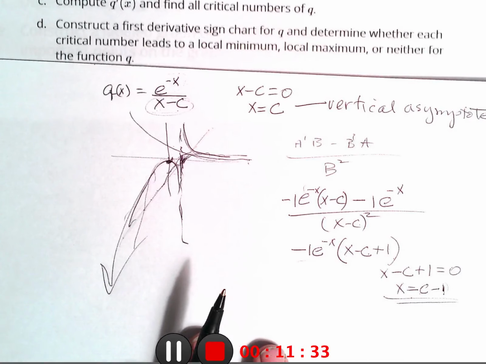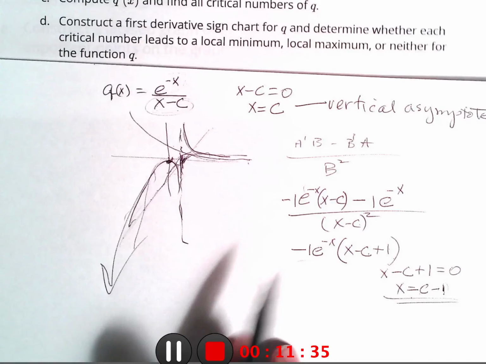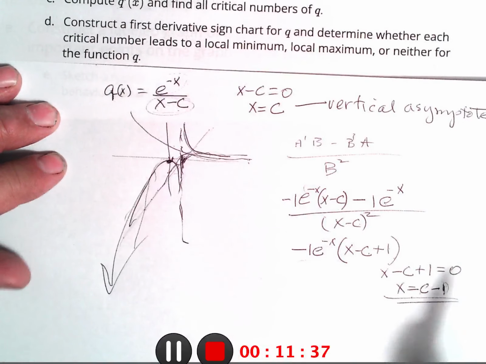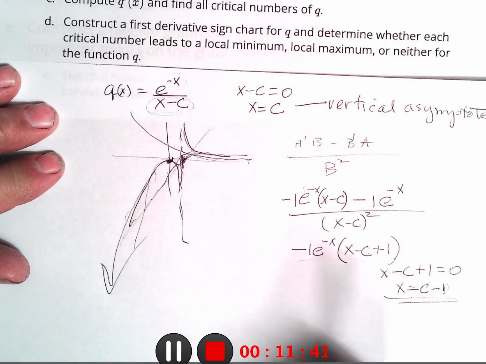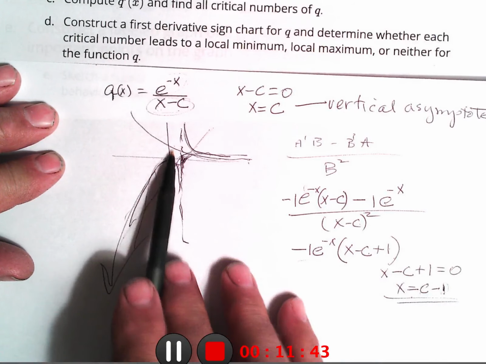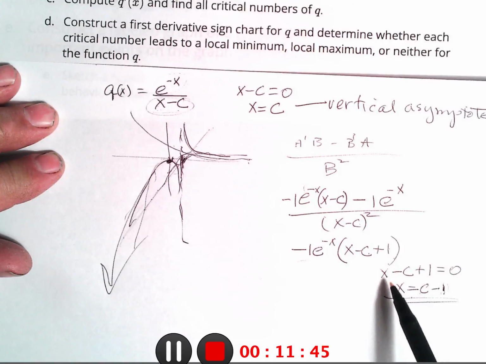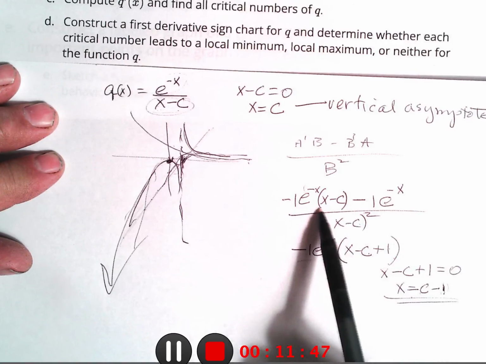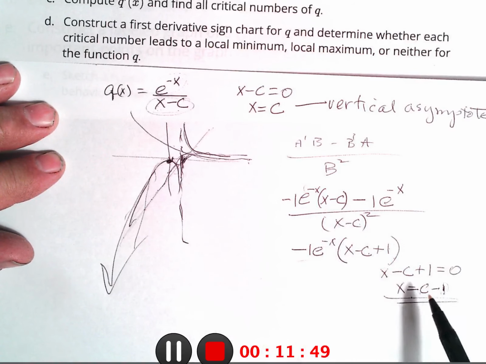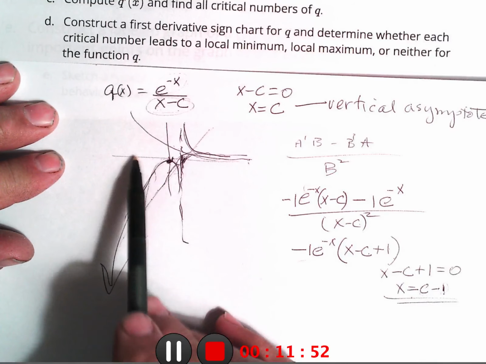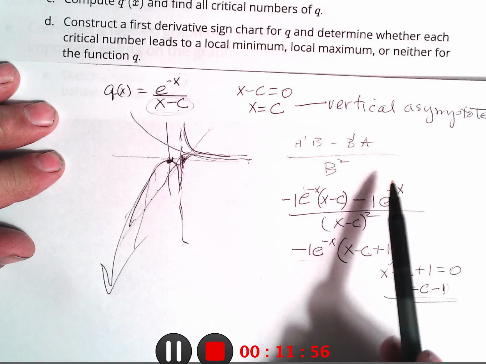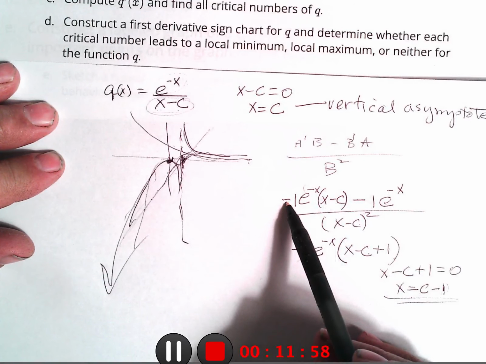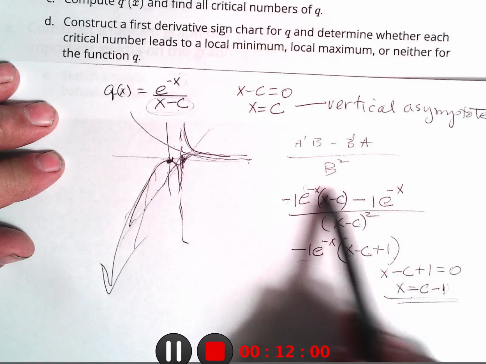And construct the first derivative sign chart. So below c minus 1, below this critical number, it would be something down here like negative c. So negative c minus c, that's negative. And this is negative, and this is positive. So all of this would be negative times a negative times a positive.